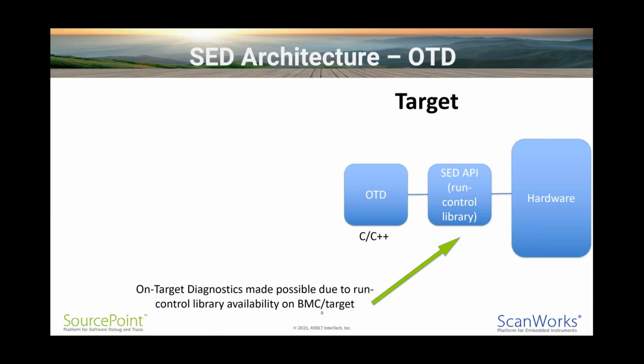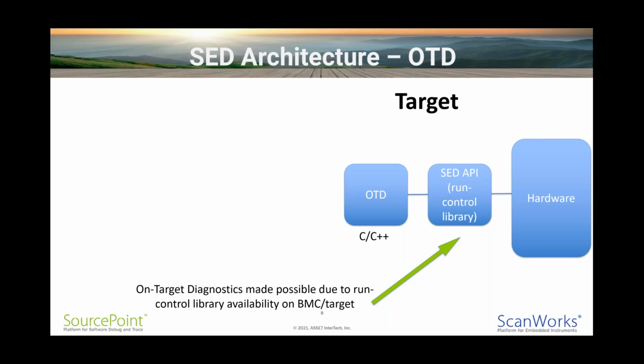If you can actually cut that cord, as I showed in the previous diagram, and eliminate the remote host requirement and run what are called OTDs, or on-target diagnostics, you can take some of that functionality, for example the Python-based CScripts, port them over to C or C++, compile them, and then run them natively down on the BMC.